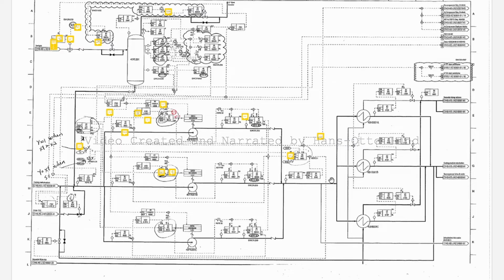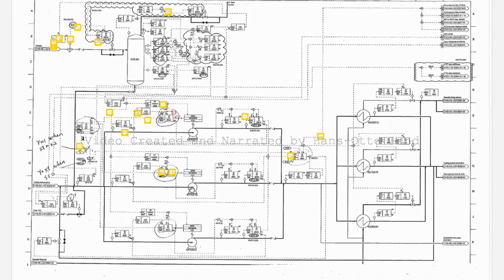Cooling medium goes through this and through the systems downstream, and then it comes back in here. So without some kind of expansion system, it's not really a good working system.